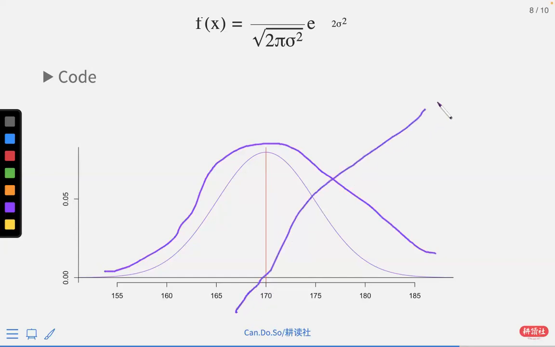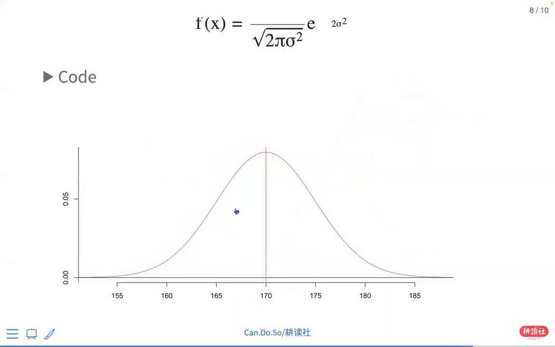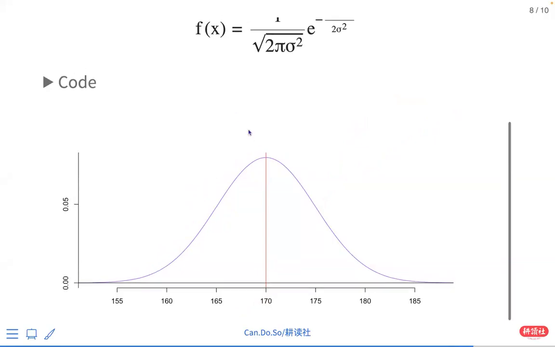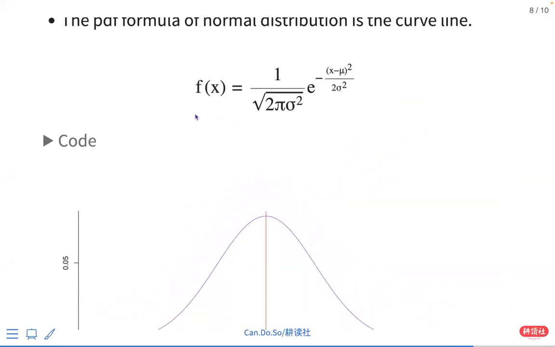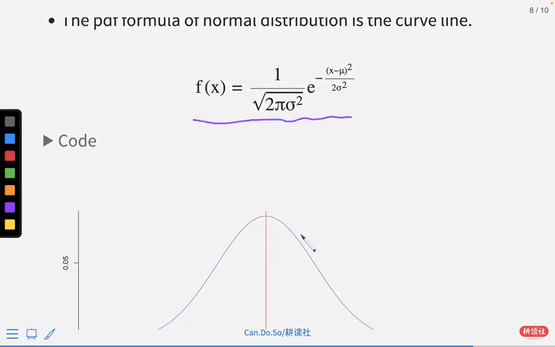For example, this one is roughly y equals x, and this one is roughly y equals x squared. But this one uses a complicated-looking formula to show this line.